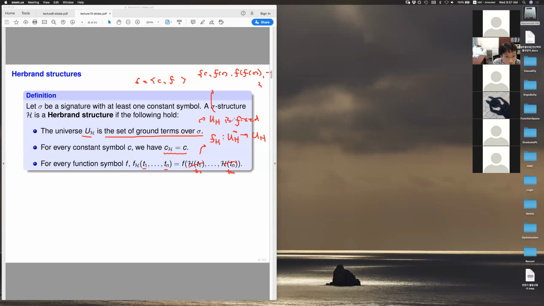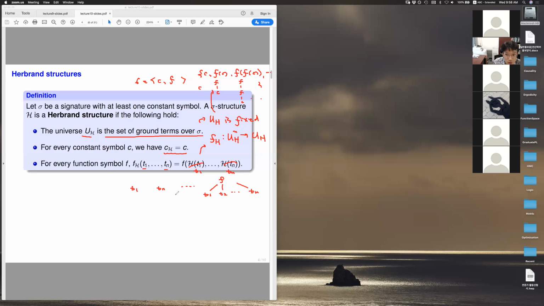Sometimes people represent ground terms as trees: we have a constant C, the function applied to C, the function applied twice to C, and so on. Then for this interpretation, if I am given n trees which represent ground terms, we return a new tree which has F as the new root and t1, t2 up to tn as the subtrees.